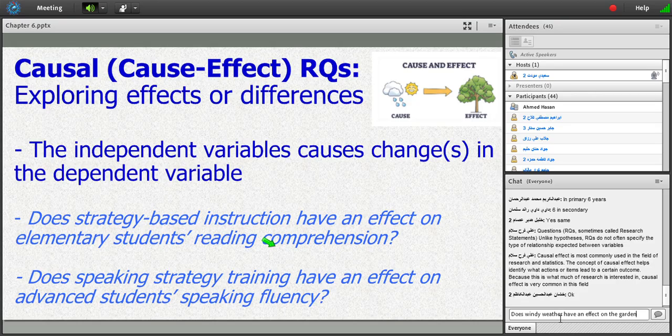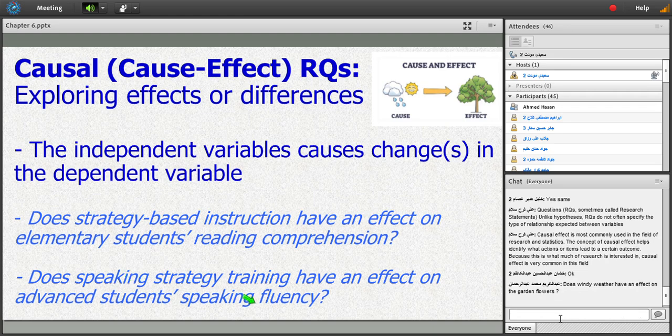So this is the causal type of research question in which we check the influence of an independent variable on a dependent variable. So in this research question, strategy-based instruction is the independent variable and reading comprehension is the dependent variable. The second example, does speaking strategy training have an effect on advanced students' speaking fluency? Strategy training is an independent variable, and the students' speaking fluency is a dependent variable.